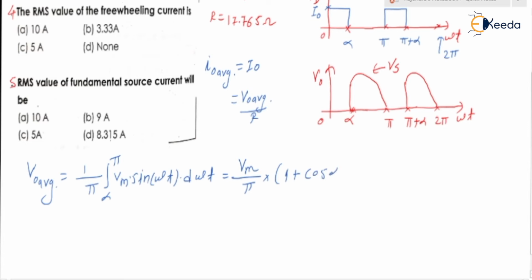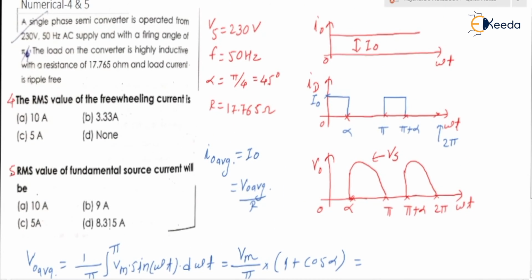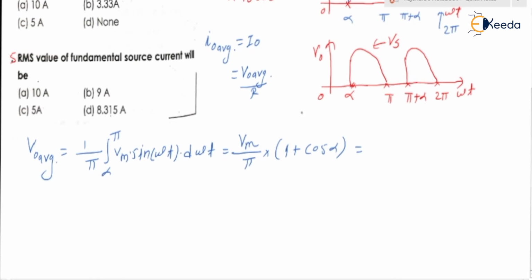So what is the Vm? Vm is 230 into root 2, because the supply voltage RMS value they have given is 230. So Vm, the peak value, is equal to 230 into root 2 divided by pi into 1 plus cos 45 degree, or pi by 4 radian.